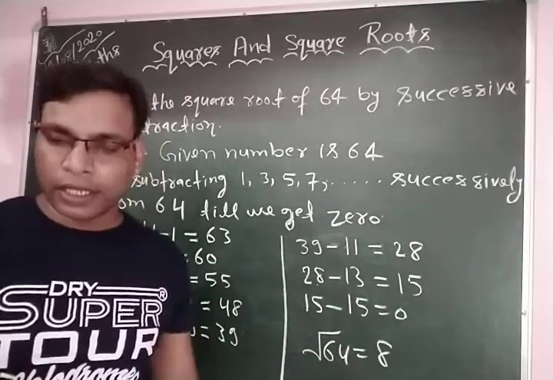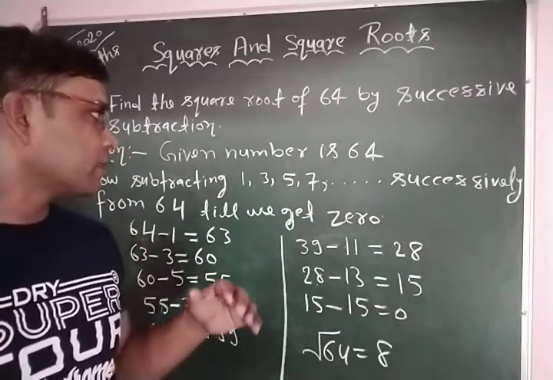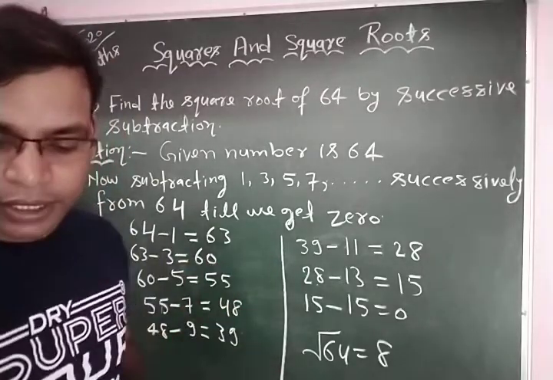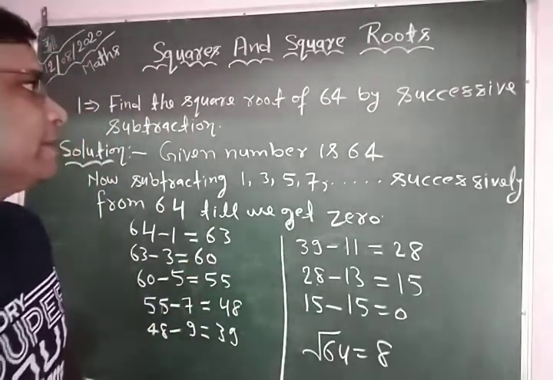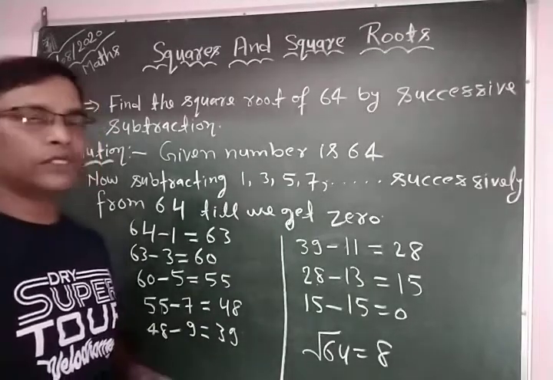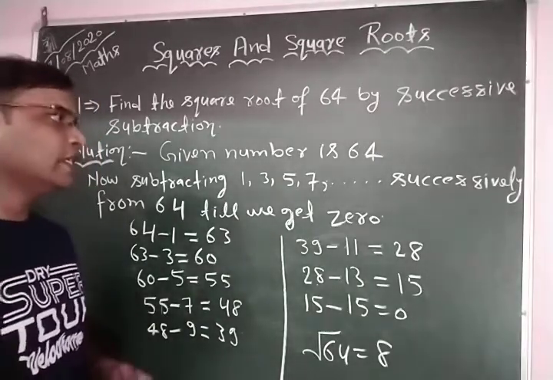8. Okay, now let's see another example to find the square root by the successive subtraction method.